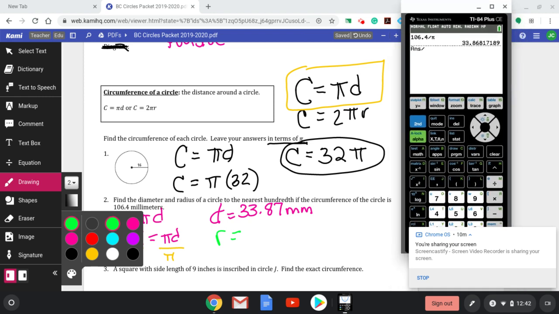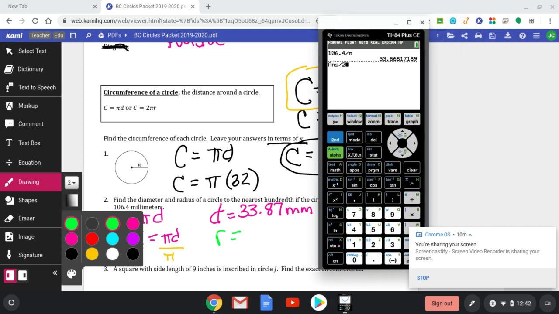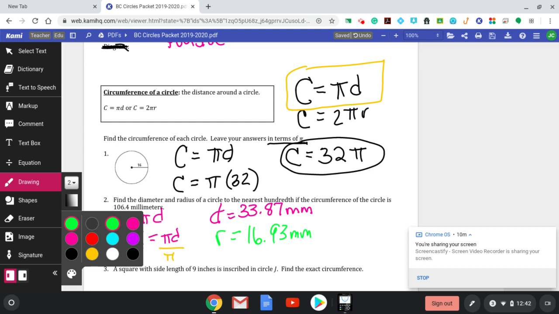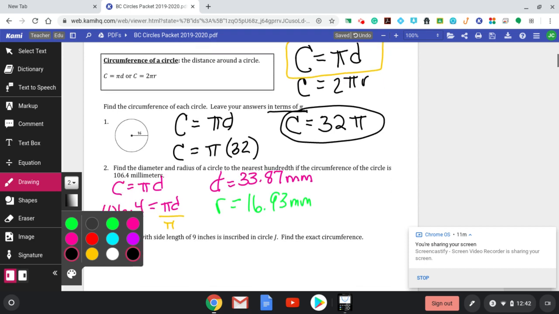I'm going to divide that number by 2 and then round that to the nearest hundredth: 16.93. So if you're going to cut it in half, go back to your calculator answer and cut that one in half, not the rounded answer, if you can. Hopefully we're doing all right, chugging right along.